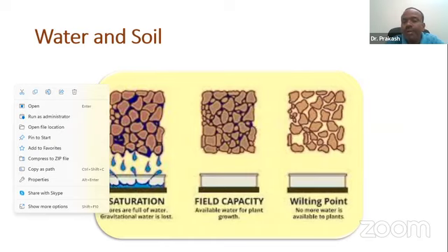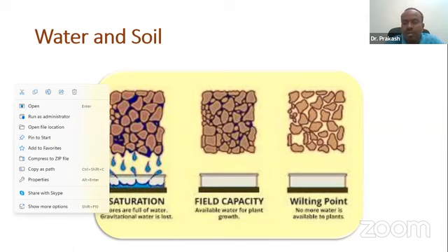So always maintain field capacity. Field capacity means water is available every time in the porous structure of the soil, that is plant available water for plant growth. At the wilting point, no more water is available in the porous structure of the soil.